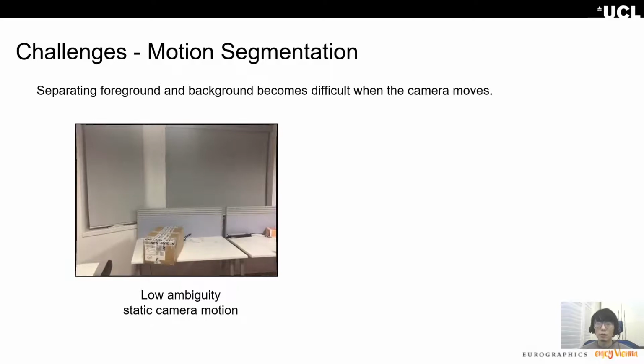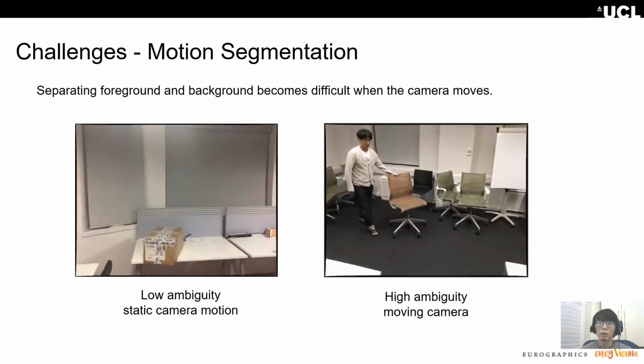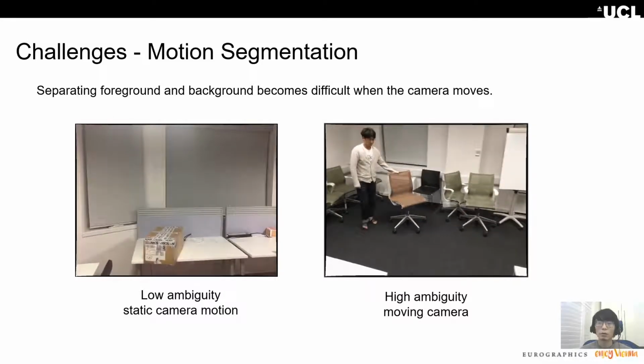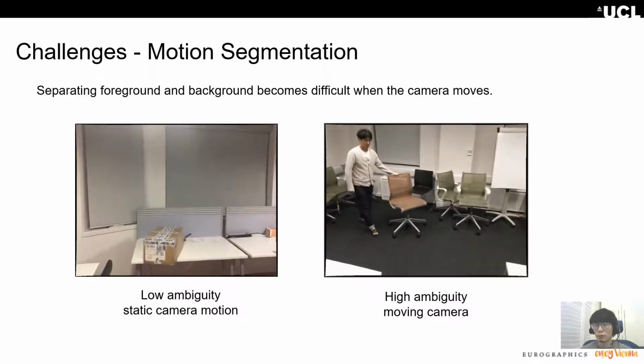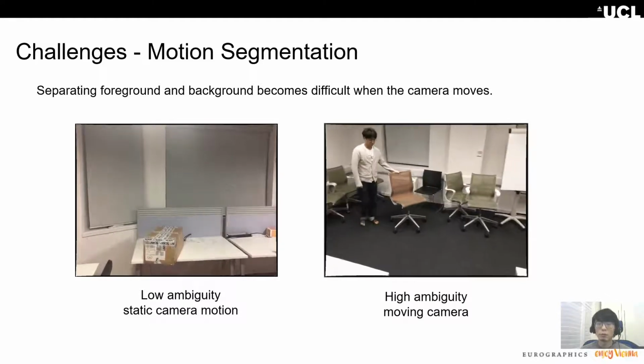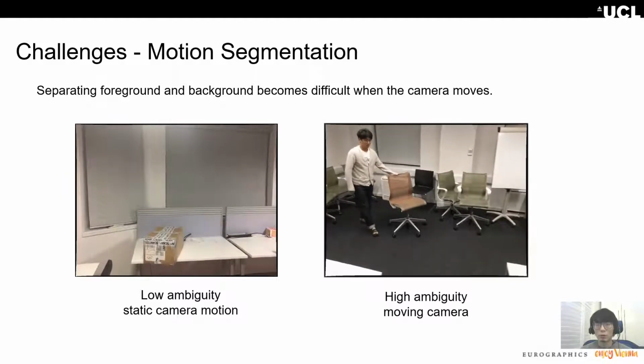And this becomes more difficult when we have a non-static camera, as shown in the right image. In this example, both the camera and the chair are moving in the same direction. The motion difference will be small, hence a robust detection method is required.